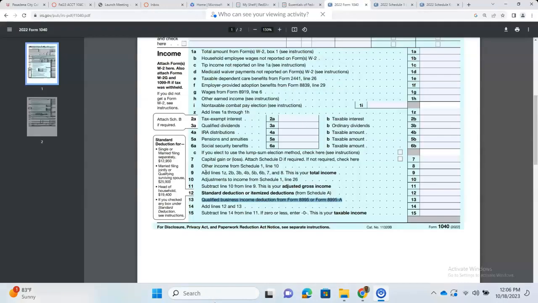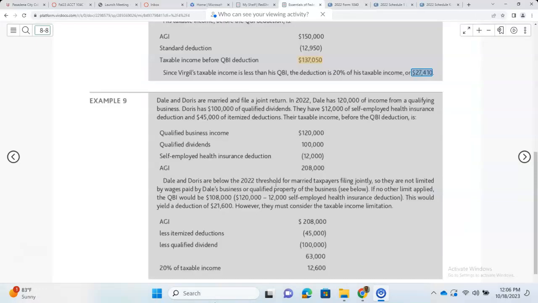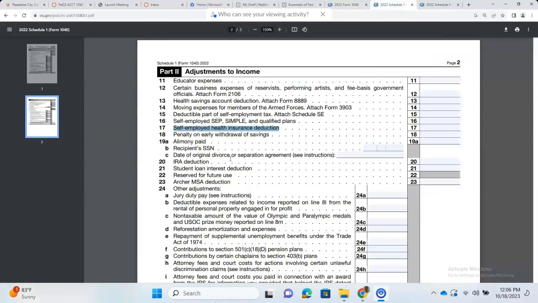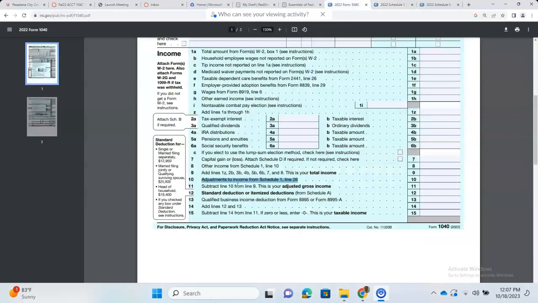That's this line, line 10. If you want to see Schedule 1, the self-employment health insurance deduction is line 17, which ends up in the Form 1040, line 10.